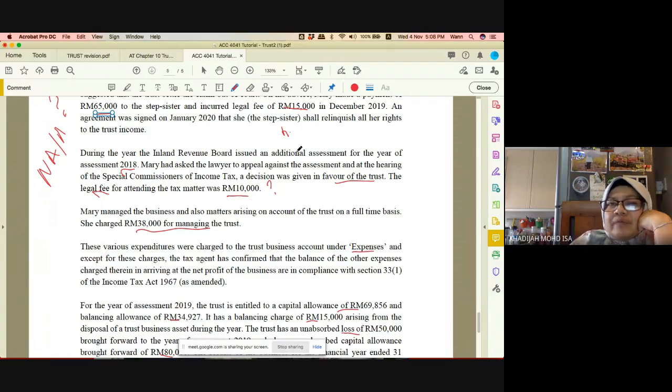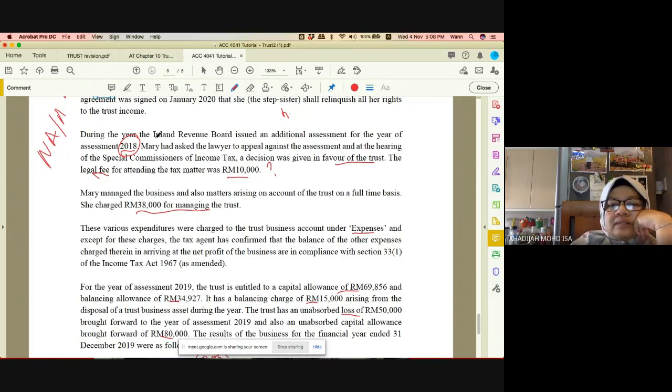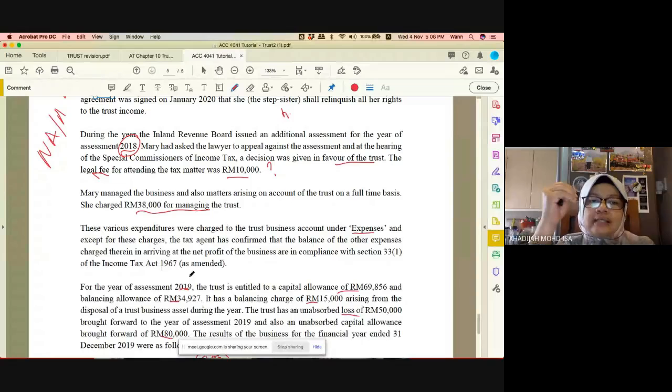If you have any tax, for example tax filing, that is allowable, but this one is your YA 2018. What you are doing now is for 2019. So you cannot have the expenses for 2018 given as a deduction against 2019. Even additional assessment, the tax payment is not actually a deductible expense.